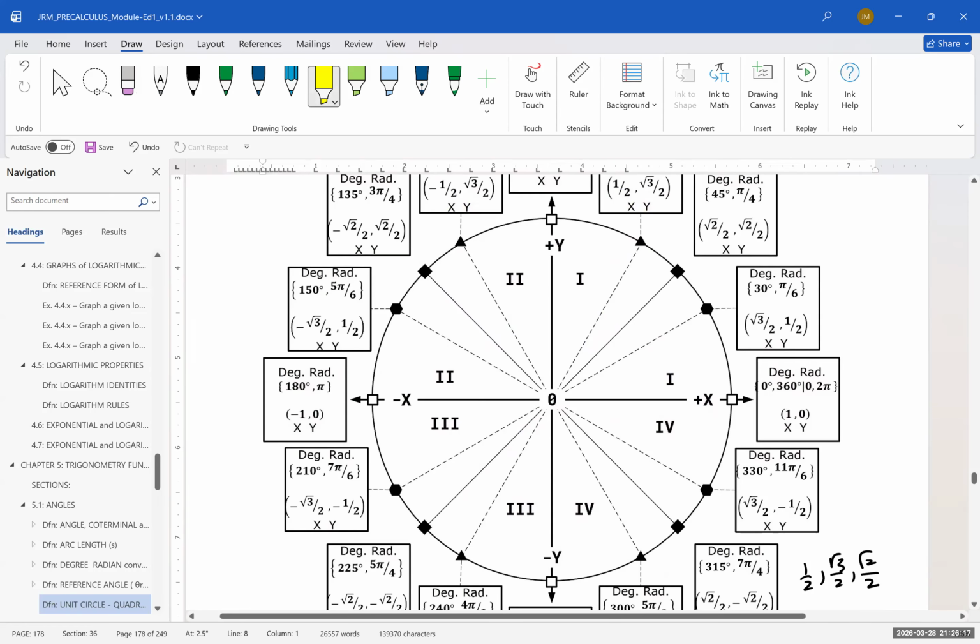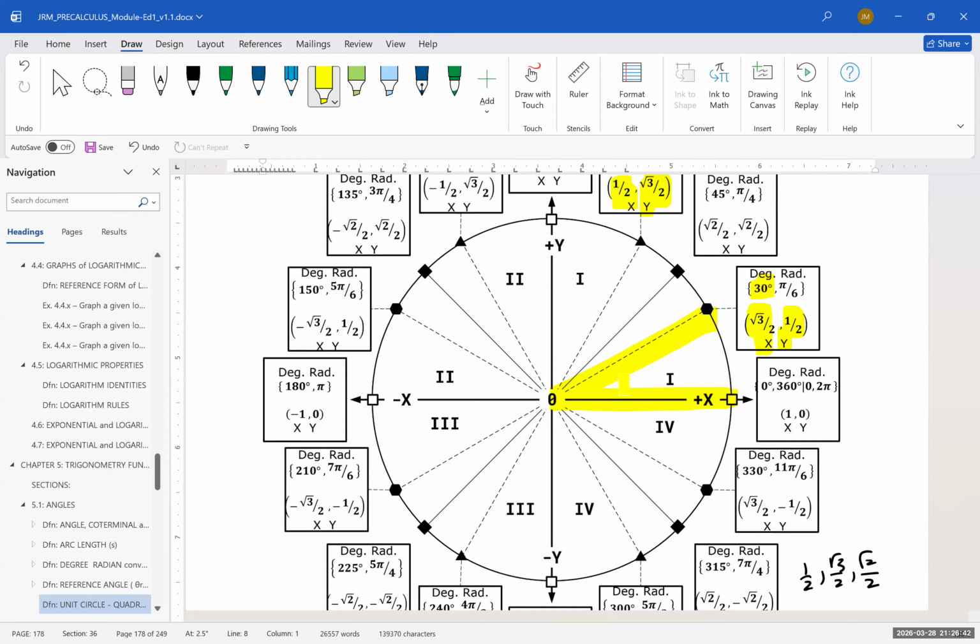If we look at 30 degrees, that's a reference angle of 30. Now notice that the 1/2 and square root of 3 over 2 values we had are just flipped. Instead of 1/2 being the x value, now 1/2 is the y value. And instead of the square root of 3 over 2 being the y value, square root of 3 over 2 is now the x value.